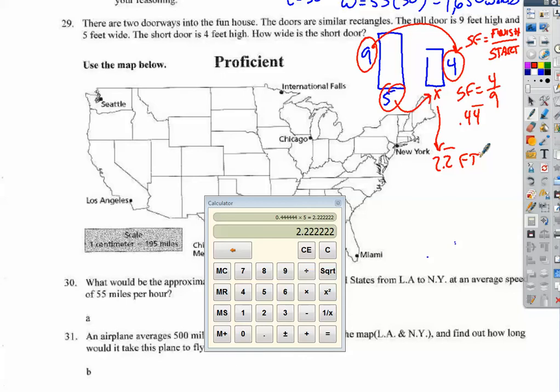Now, the question I have is, if that's feet, how many inches is 0.2 repeating feet? So I'm going to subtract out that 2. And so this is my number of inches, but written in feet. And there are 12 inches in a foot, so I'm going to multiply by 12. And so that's 2 and 2 thirds inches, so it's 2 feet and 2 and 2 thirds inches. Yeah. All right. Well, that's it. This is the most complete answer, obviously.